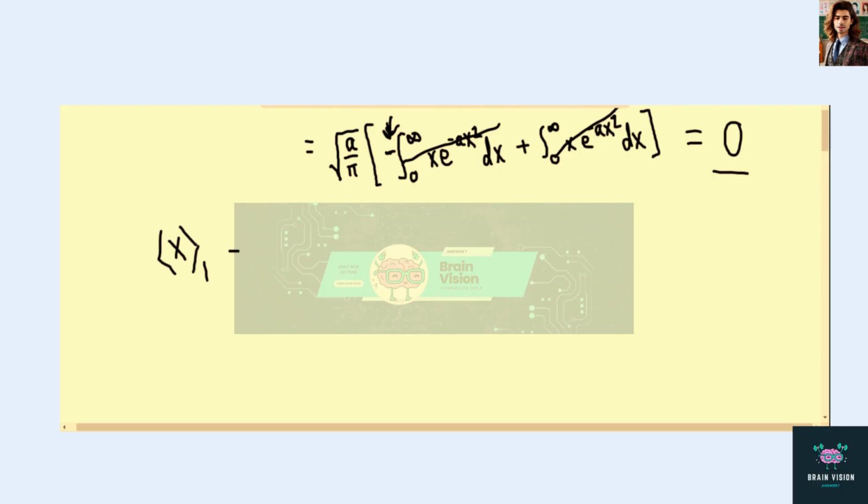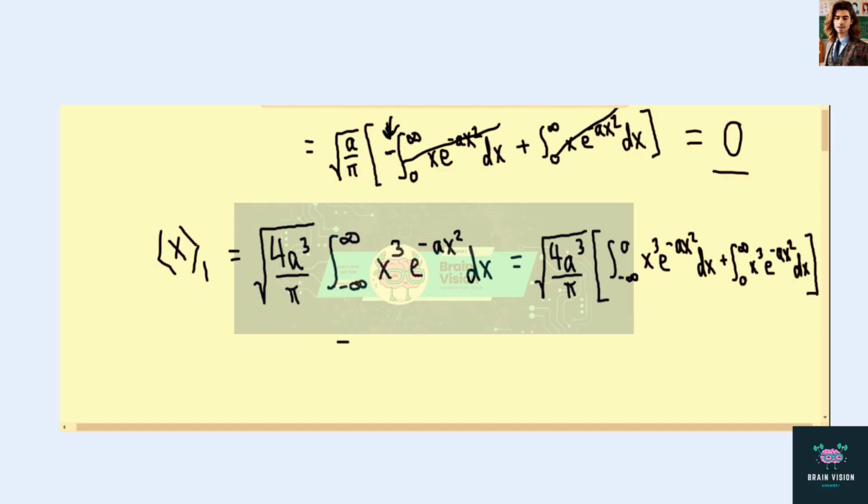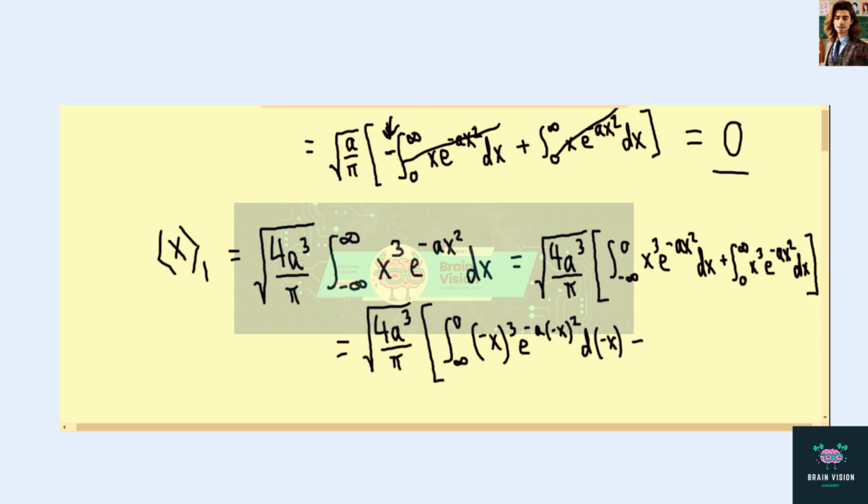Next, we continue and we calculate the expectation value for x in the first excited state. But again, we have the integral of an odd function over a symmetric interval, and we get a similar result. We should get 0, but we go ahead and just write out this same procedure right here, and it works the same way except that it's x cubed.